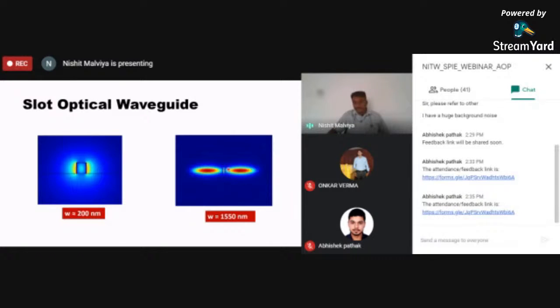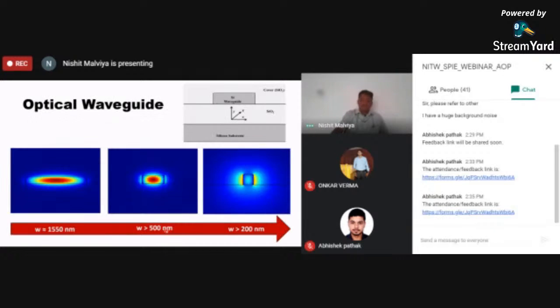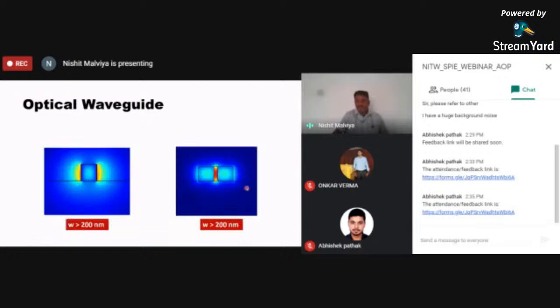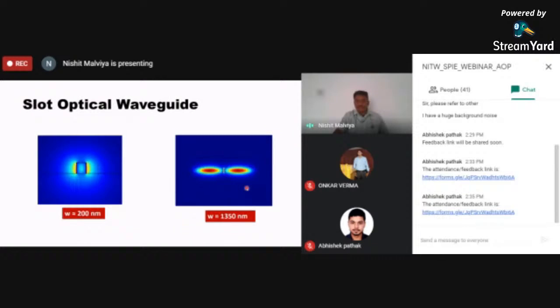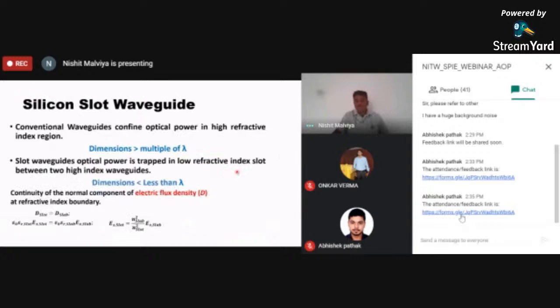The distance between the two waveguides is approximately 50 nanometers. In the previous slide, when the size is reduced, this discontinuity occurs. So we just reduce the optical waveguide size, and most of the light that leaks out is confined in this narrow slot region.